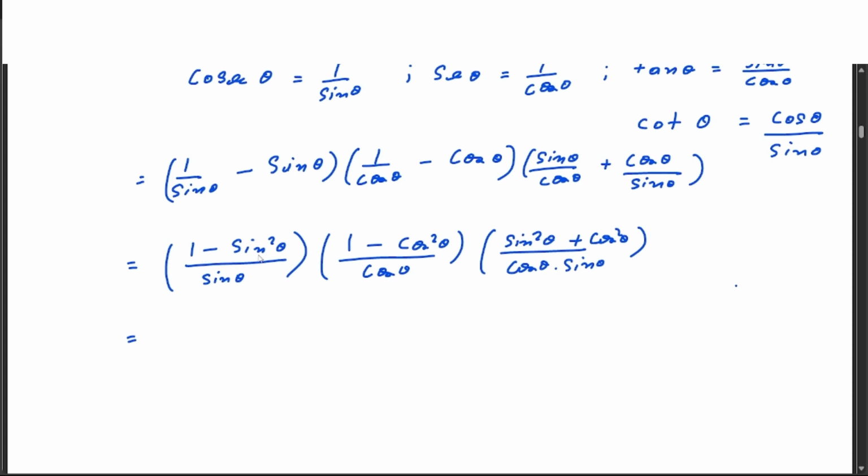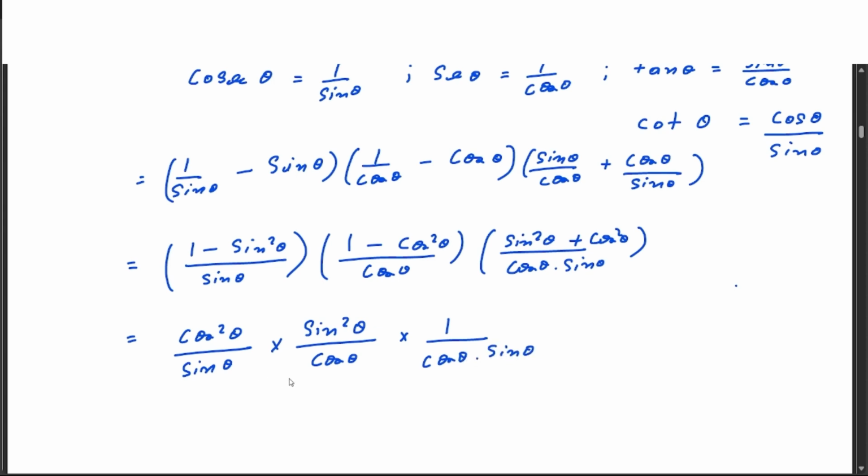So 1 minus sine square theta is cos square theta over sine theta, and same way 1 minus cos square theta is sine square theta over cos theta. And in the last, sine square theta plus cos square theta is 1 over cos theta times sine theta.